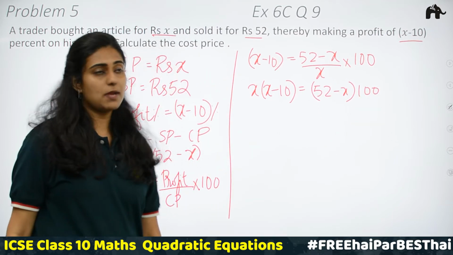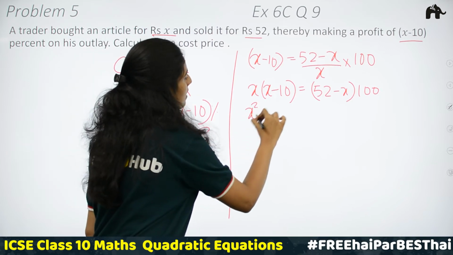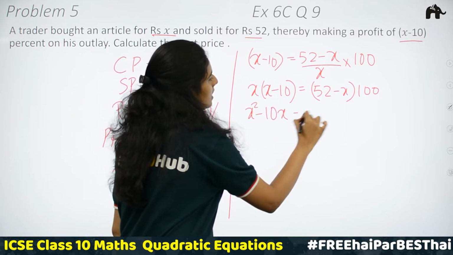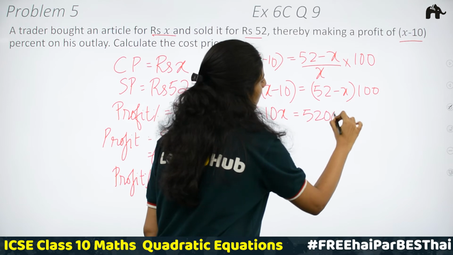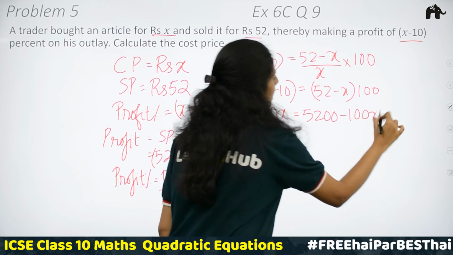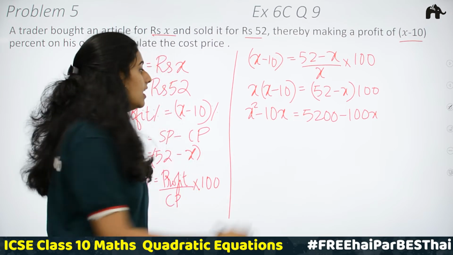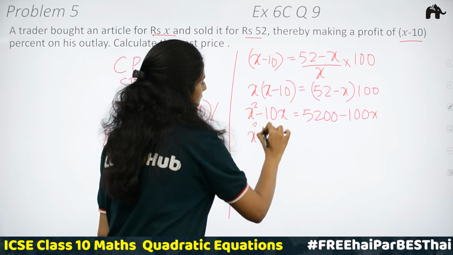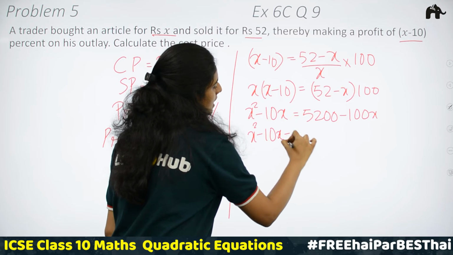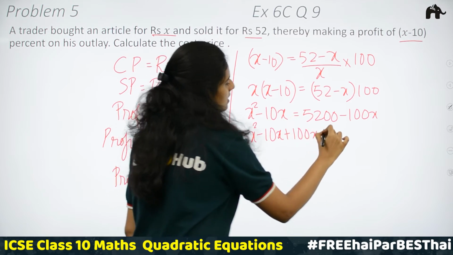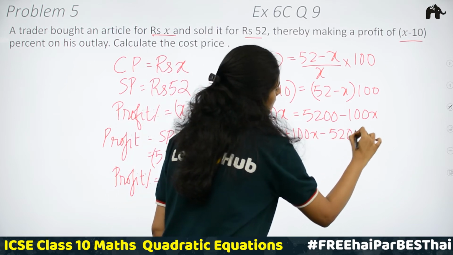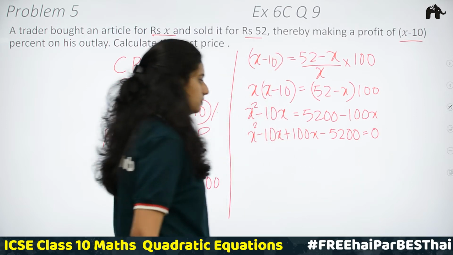Removing the brackets and multiplying, we get x square minus 10x is equal to 5200 minus 100x. Taking all the terms to the left hand side to get the quadratic equation, we have x square minus 10x plus 100x minus 5200 is equal to 0.